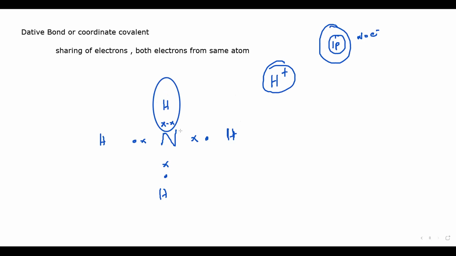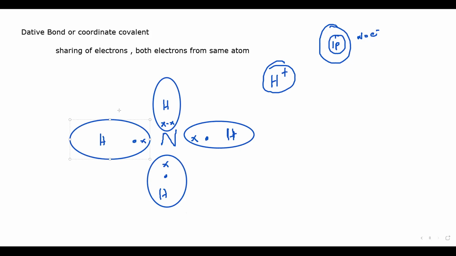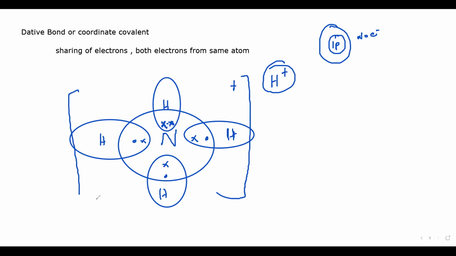As you can see, both of the electrons belong to nitrogen. Hydrogen does not share any electron, but it appears to be a sharing of electrons. This bond is also a sharing of electrons, but it is due to one atom only. And the molecule will get a charge. Why will the molecule get a positive charge? Because NH3 was neutral, but the hydrogen present has only a proton. That's why the net charge on the molecule will be positive. So 3 of the bonds are covalent and one of the bonds is a dative covalent or coordinate covalent bond.